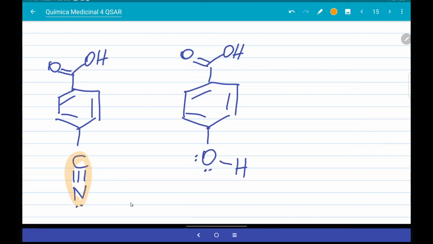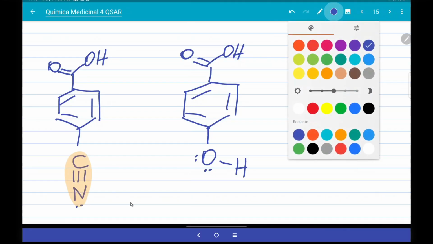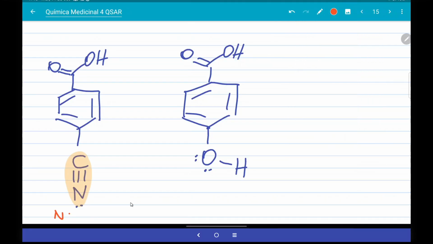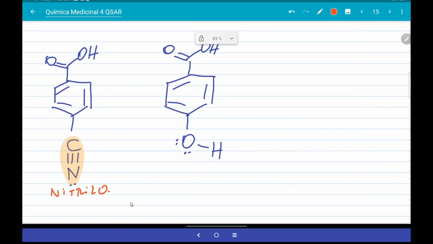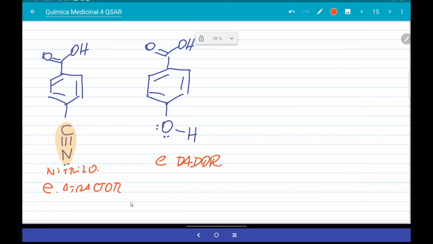The CN group, or nitrile, is the nitrile group, and the nitrile group is an electron-attracting group. And the other is the electron donor. Perfect, then in conclusion, as you have just told me, in the first case the sigma is positive, while in the second case it is negative, which is an electron donor.